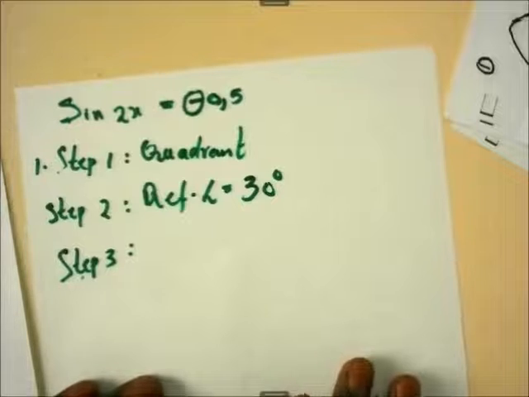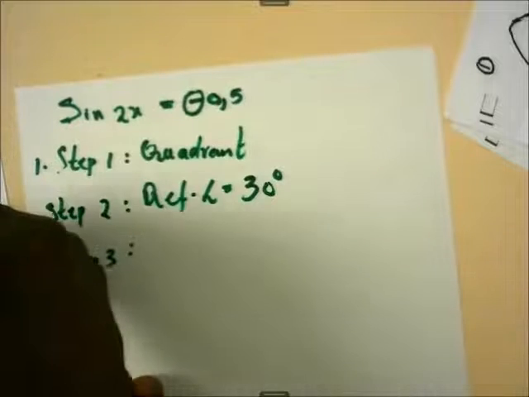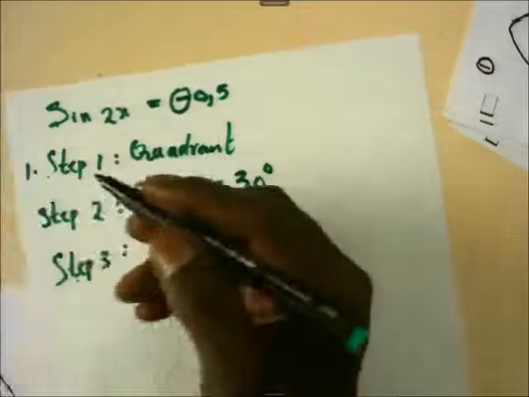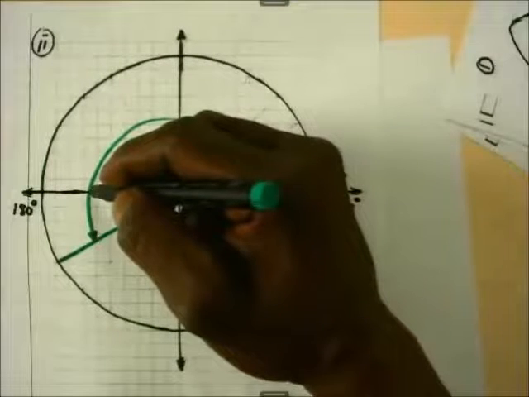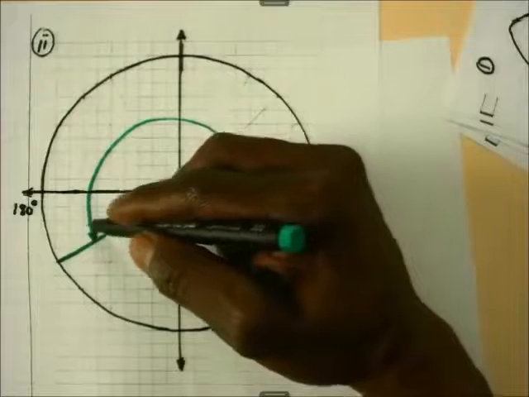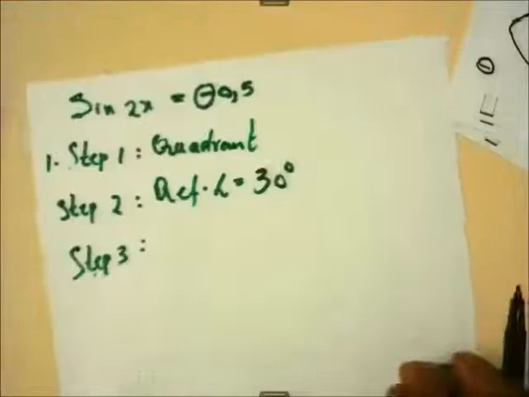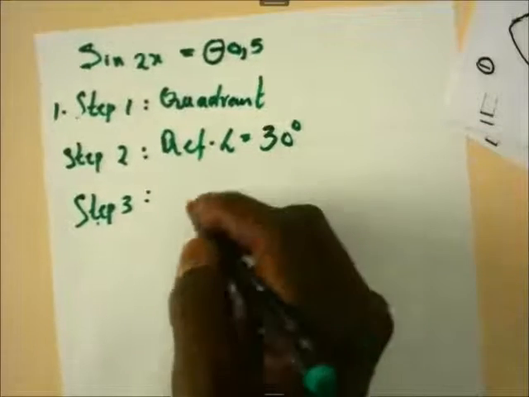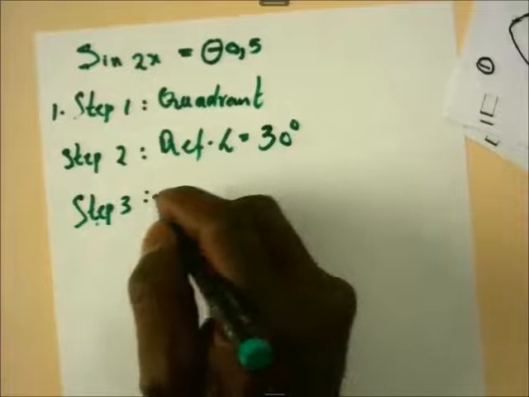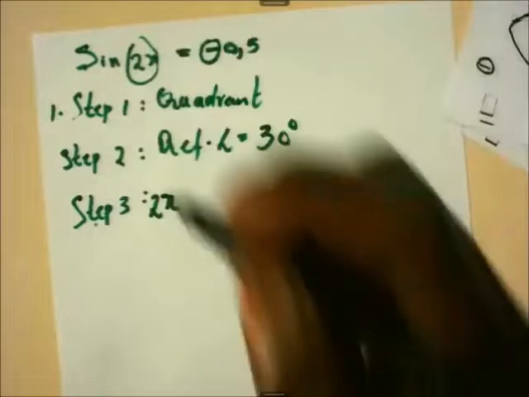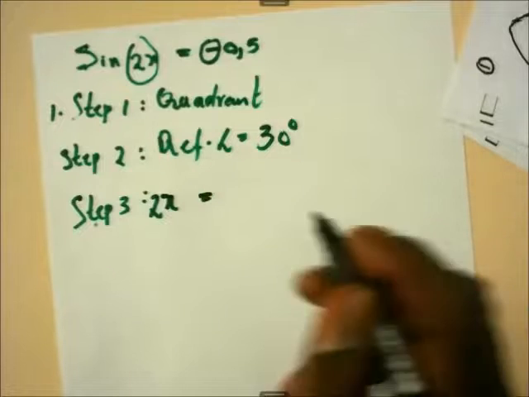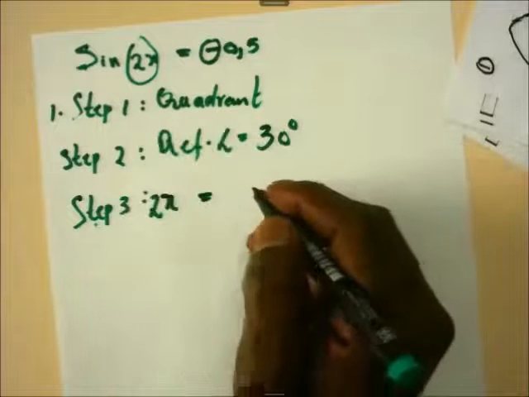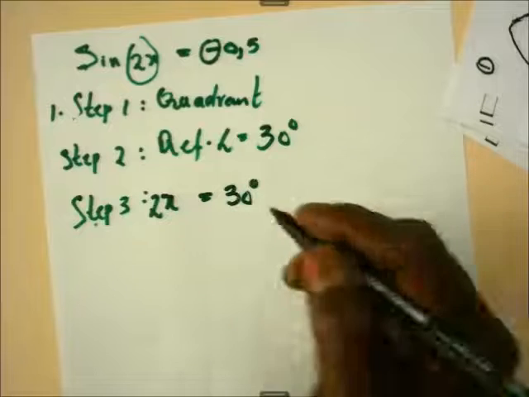Okay, now step 3 will be the solution. We know from here up to there is 180 degrees, but now we must add another angle there. So the solution will be, in this case, we are having 2x, not x. 2x will be equal to 180 degrees plus 30 degrees.